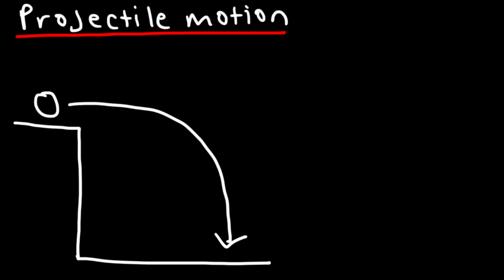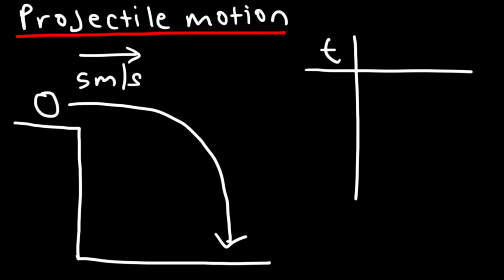But now let's say the ball was kicked off the cliff at a speed of, let's say, 5 meters per second. So what can you tell me about the vertical and horizontal components of the velocity of the ball at different times? So let's make a table between t, vx, and vy.